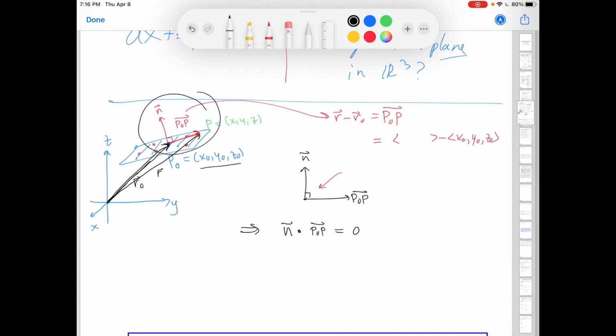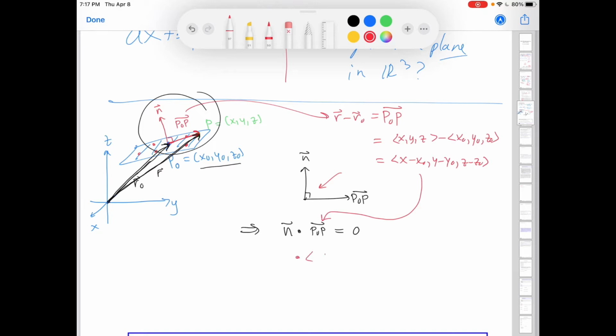And then I have this other vector r, which goes from the origin to the point P. Its coordinates are x, y, z. So the vector P sub 0 P has components x minus x naught, y minus y naught, and z minus z naught.